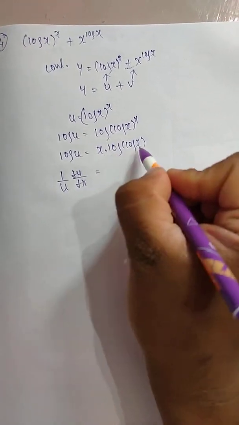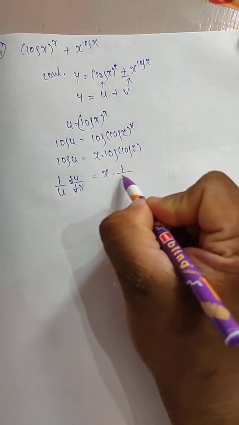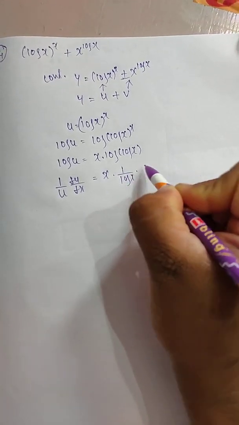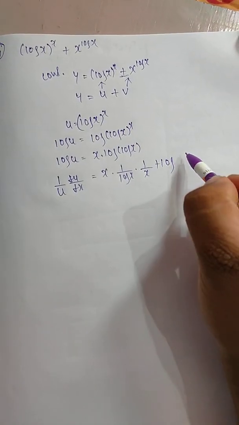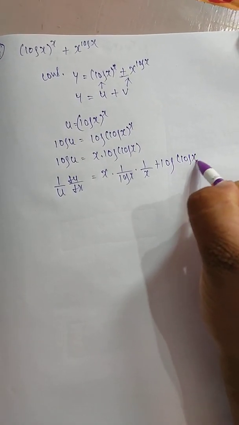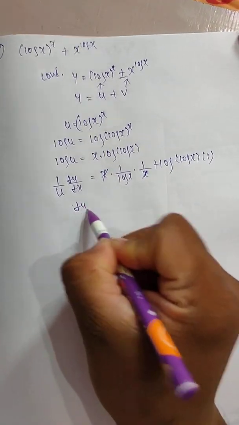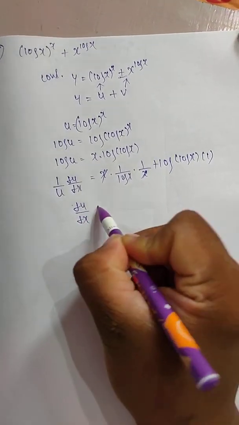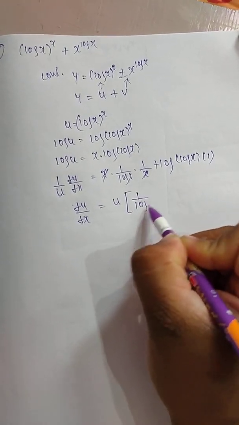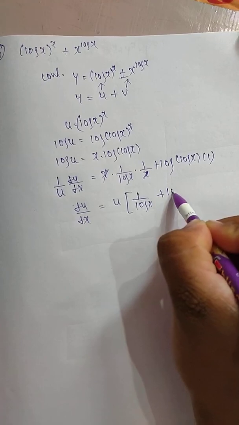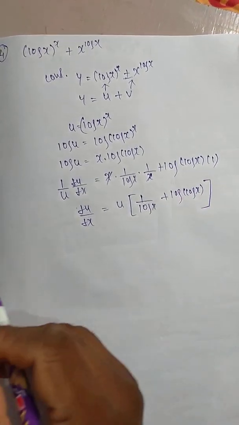Here, x into the differentiation of log of log x is 1 by log x, again the differentiation of log x is 1 by x, plus keep log of log x as it is, times the differentiation of x, which is 1. The x cancels, cross multiply the u. du by dx is equal to u into (1 by log x plus log of log x). So this is du by dx.